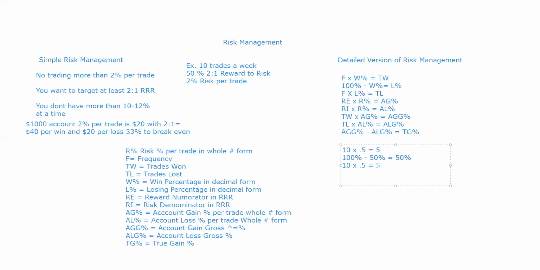All right, so now we go to the reward to risk side. So your reward numerator, you're doing 2-to-1 reward to risk, so your reward is going to be 2. And then times the risk percentage, which is 2.